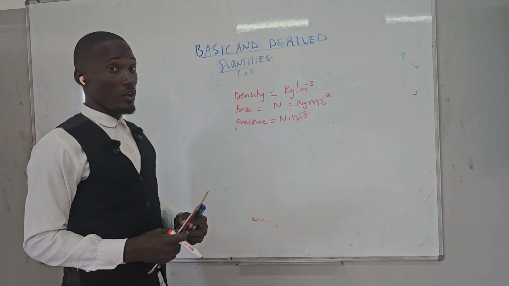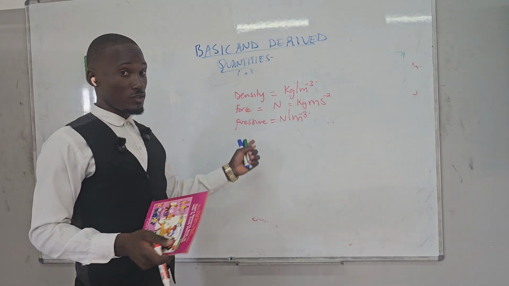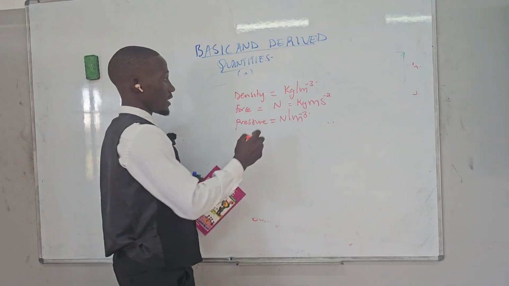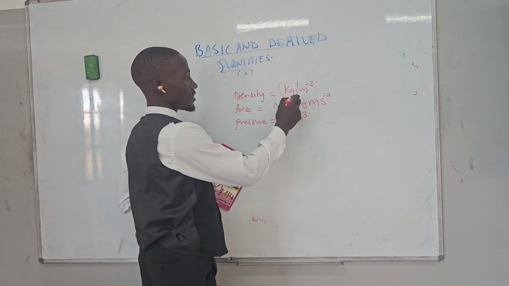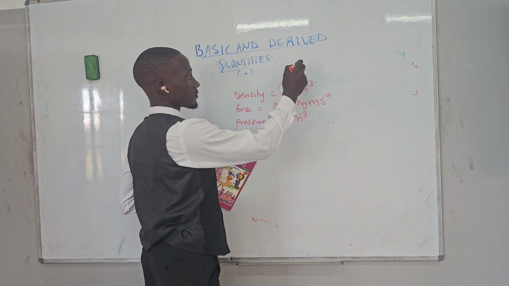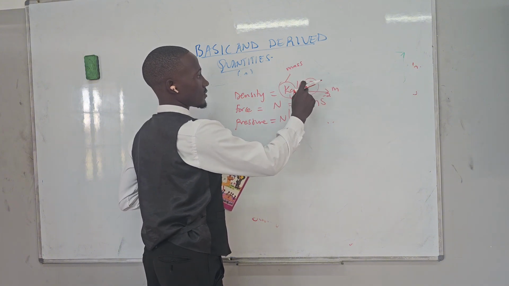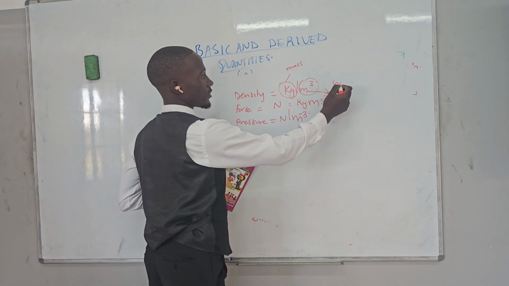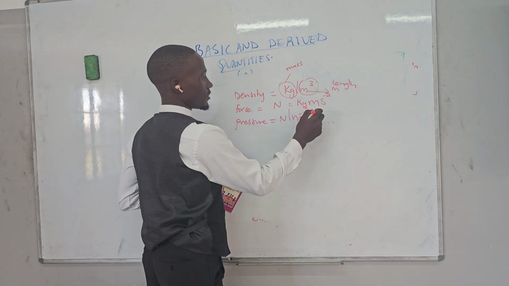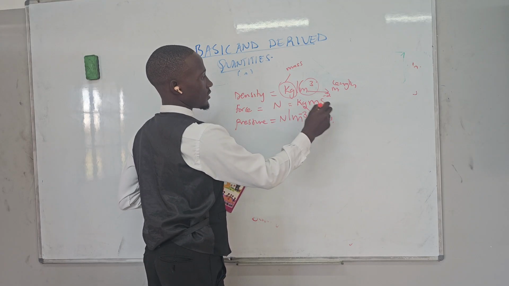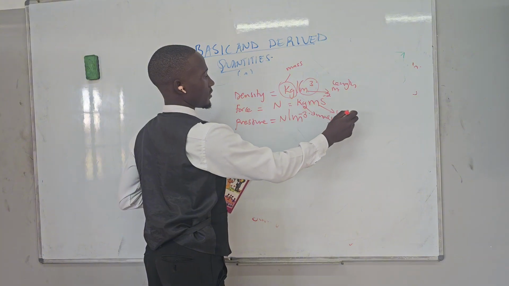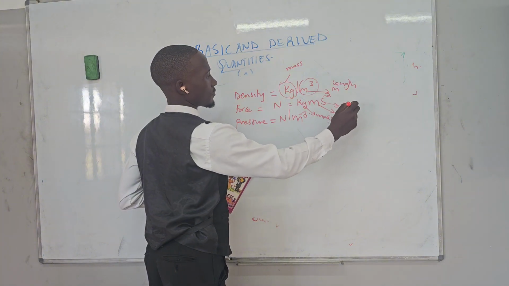But for now, I want you to take some observation from this video. You can see that density is containing a unit for mass and a unit meters, which is a unit for length. Unit of mass, unit of length, unit of time.